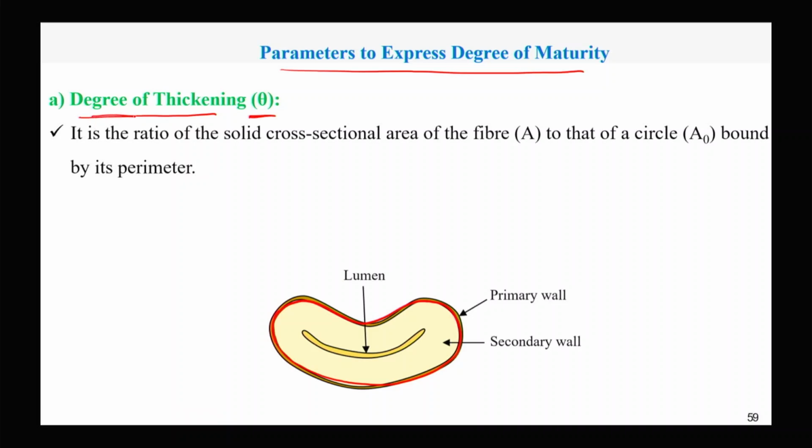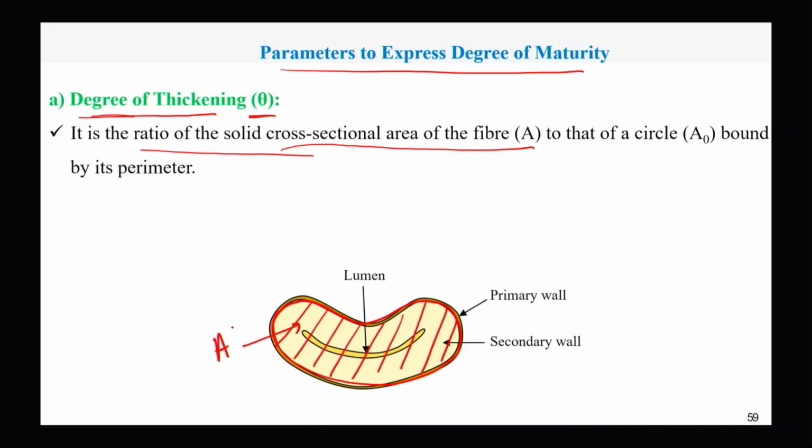The degree of thickening is expressed as the ratio of the solid cross-sectional area of the fiber, A. This is the fiber, and A is the cross-sectional area.